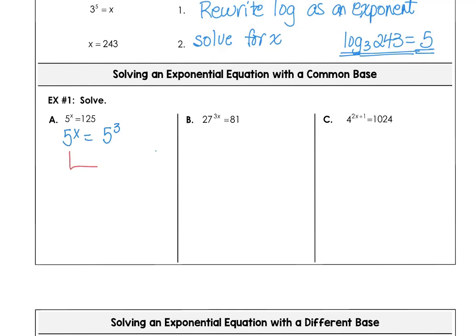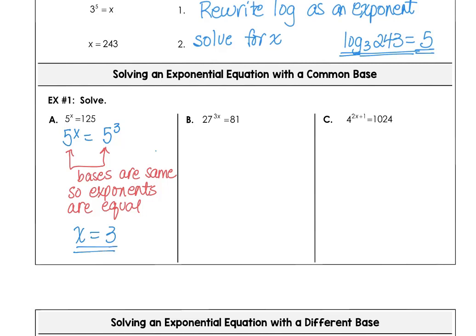So here the bases are the same, so our exponents are equal. And we've solved for x in that case, and x is 3. 5 to the 3rd power is 125.